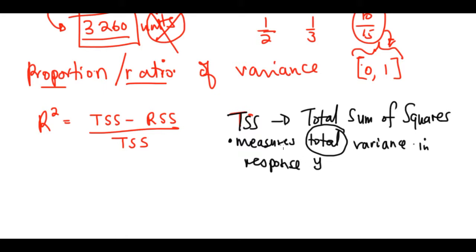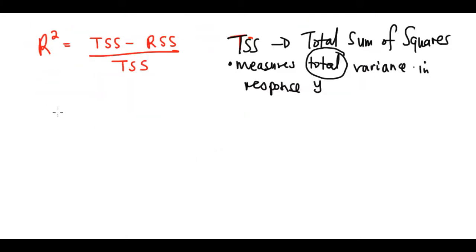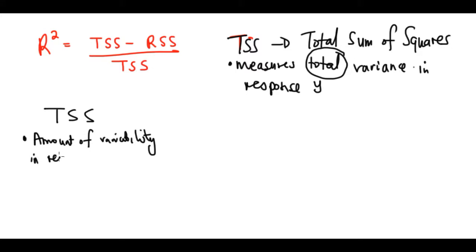So we can think of TSS as the amount of variability in our data, or in our response, before we do the regression. Right? Before regression. What is the definition? Let me write the equation for TSS so you can see it nicely.